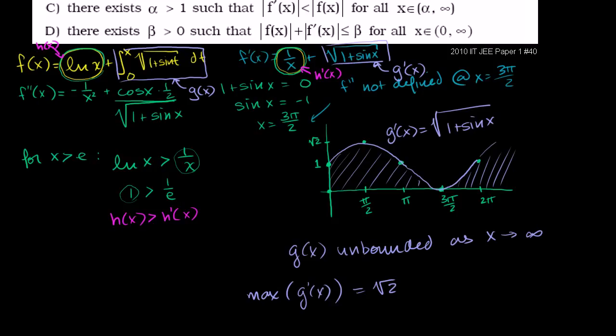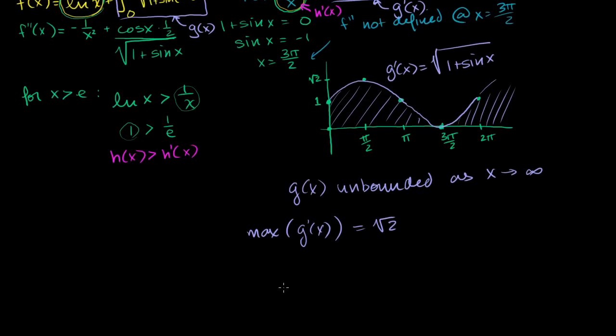Let's just say at x greater than 10, I'm just picking an arbitrary number, it's clear that the integral from 0 to x of the square root of 1 plus sine of t dt is going to be greater than the square root of 1 plus sine of x.